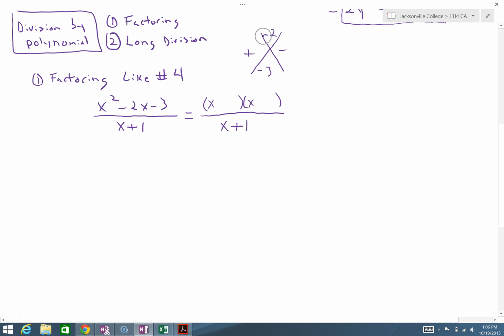Since it's 3 and 1, and I need this negative 2 sum, the 3 will be negative and the 1 will be positive. So these 2 terms go here. But notice, as I said, x plus 1 was going to be one of them. So when you're doing the division by factoring, expect that one of these terms will be that bottom one. You can use that as a clue. Now I can divide x plus 1 and x plus 1, leaving only x minus 3.